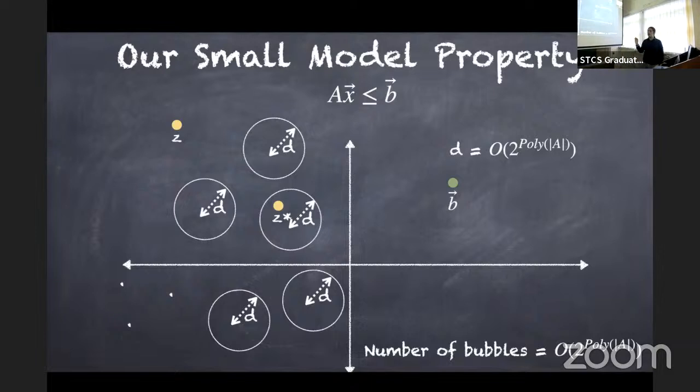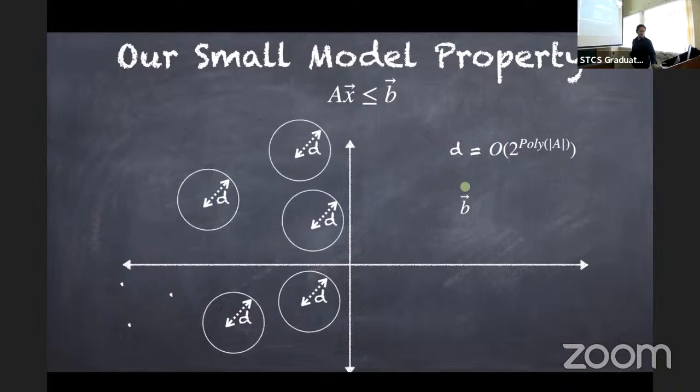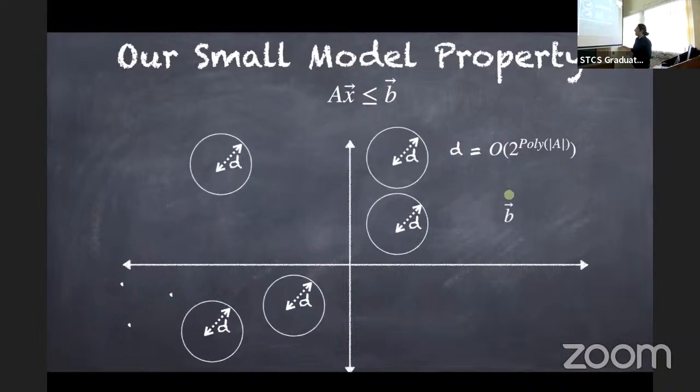So you don't care how far it is from the origin, but you find some finitely many regions where you have to search for your solution. Now this small model property works as follows. Because all these parameters are independent of b, if you move the b, these balls will move around.